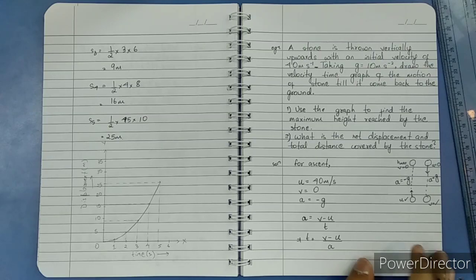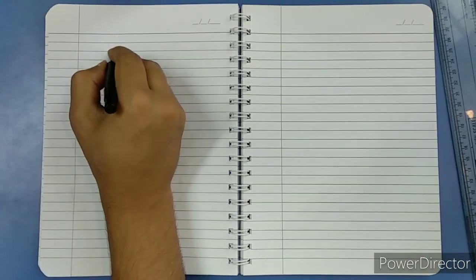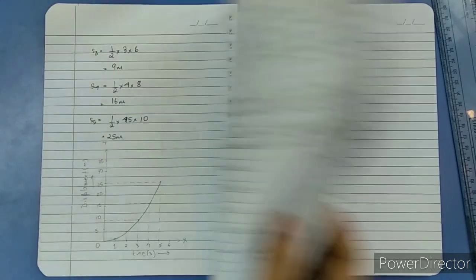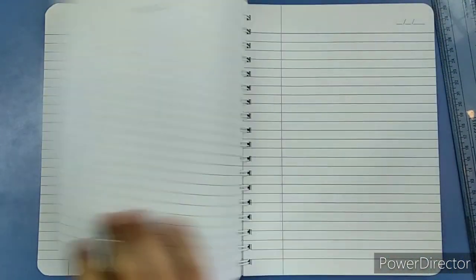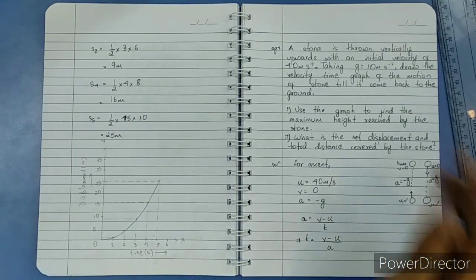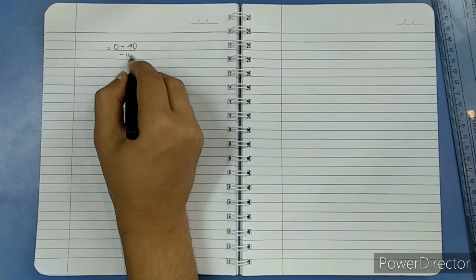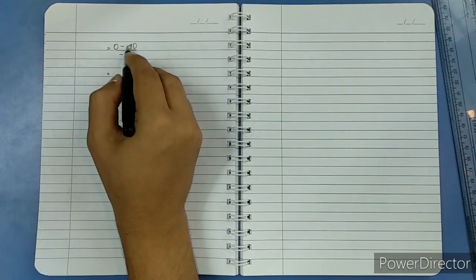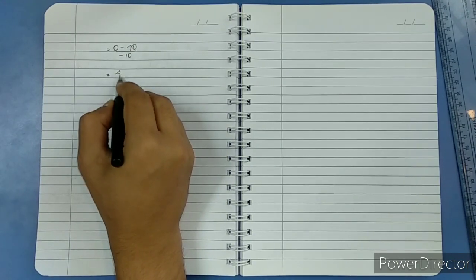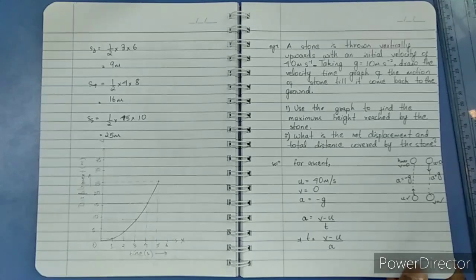This is equal to (0 minus 40) by minus g. Let's take g as 10 meter per second square. Minus minus cancels off, 40 by 10 is 4. So we get time as 4 seconds.